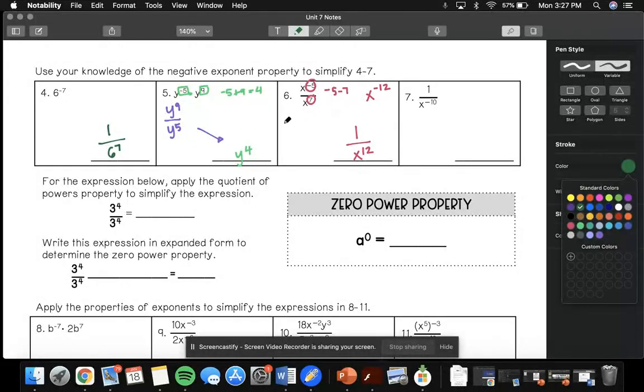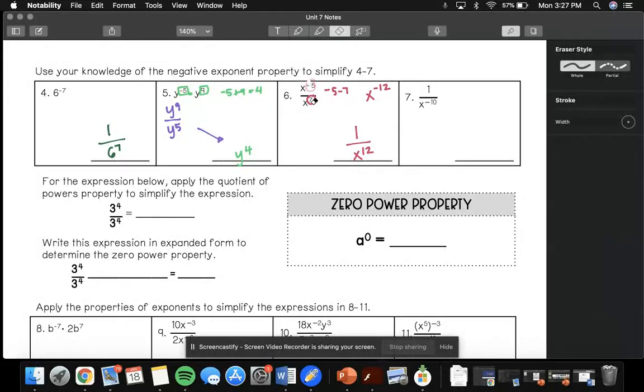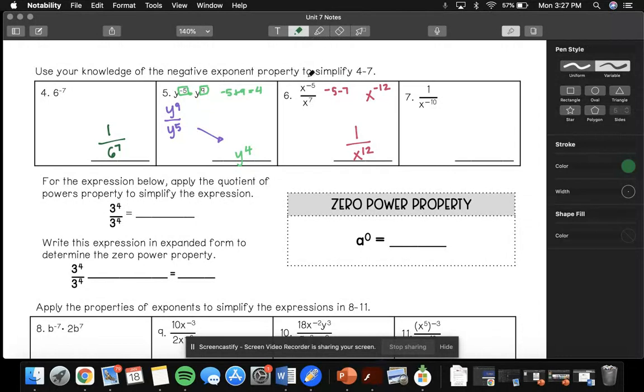Another way of doing this would be to move the negative exponent like we did before and then apply a property. If I don't want this negative exponent right here, I'm going to put it in the denominator, and when I do that, I can make it positive. So what I have right now is x to the 7th, because it's right there, and then I move the x to the 5th to the denominator.